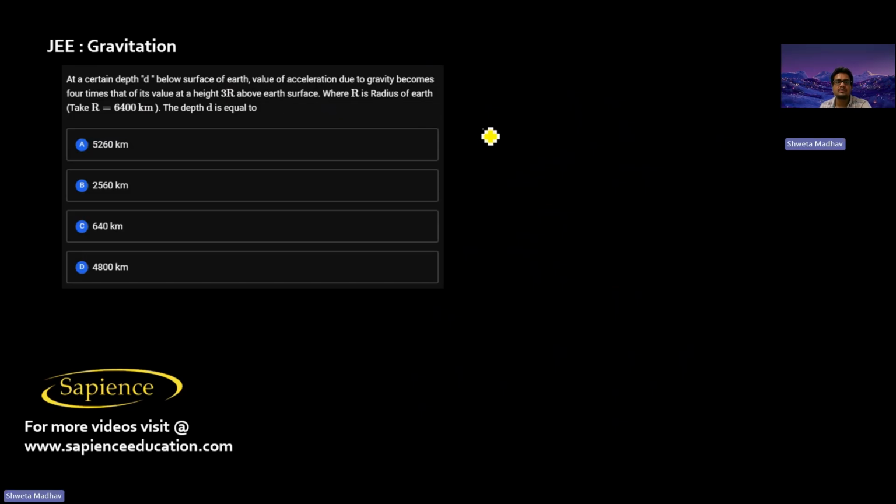So at a depth d, the value of acceleration due to gravity g_d, that is g into 1 minus d by r, becomes 4 times its value at a height 3r above the Earth's surface. So 4 into g into r square by r plus 3r whole square.